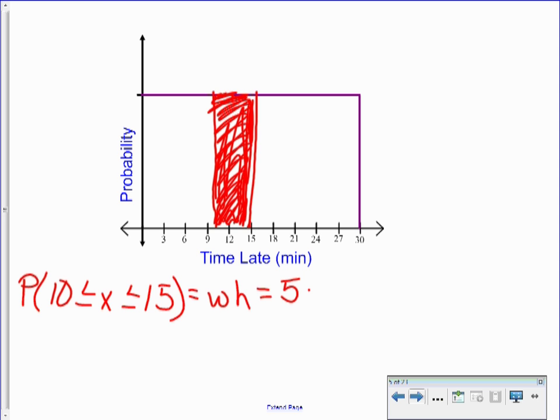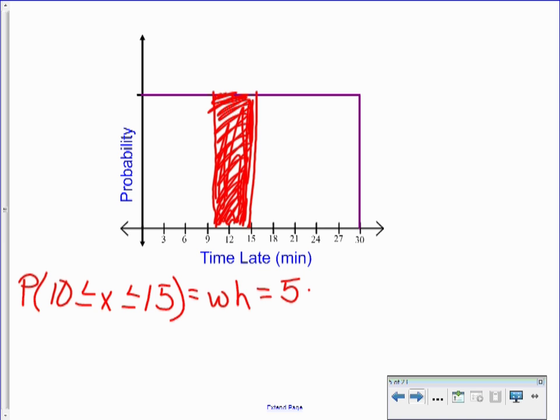All right, so we have our width. What is our height? Let's write our graph. Is there anything there? No. We need to figure out that height.